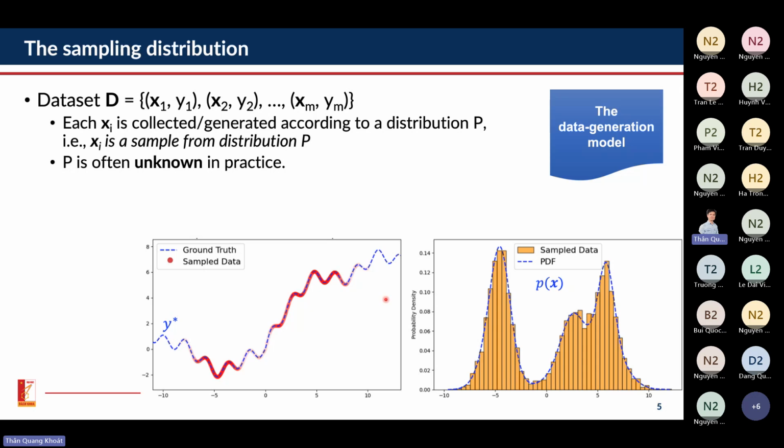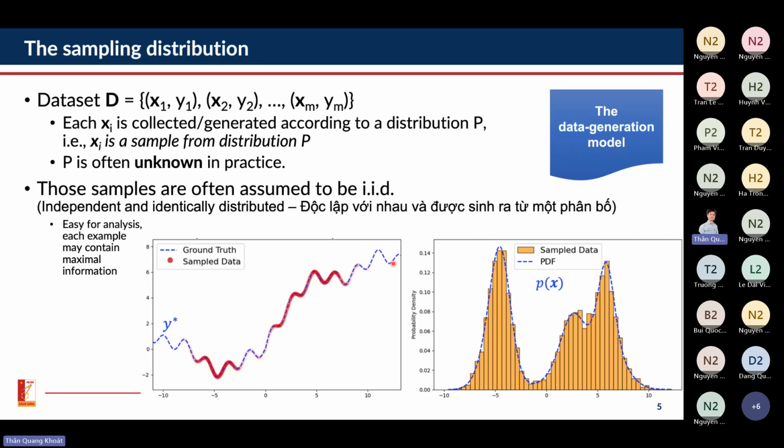And the unknown labeling function can be here. So it means that many things here can be unknown: the labeling function and the sampling distribution, the way our data samples are generated.